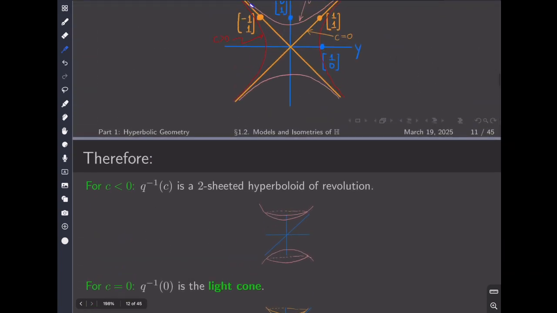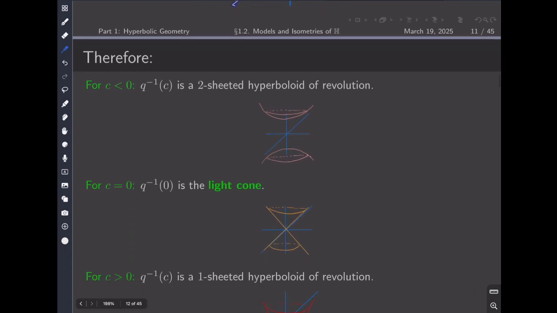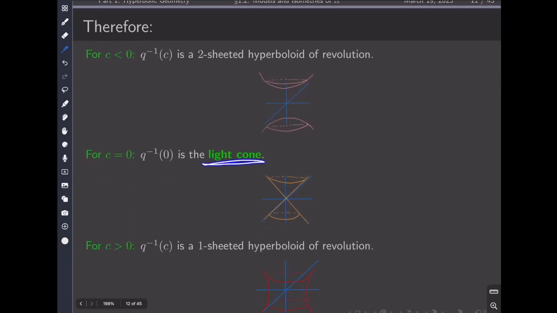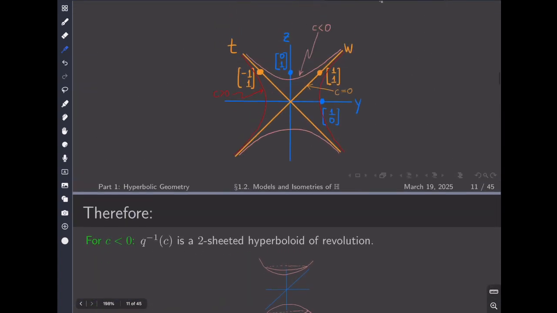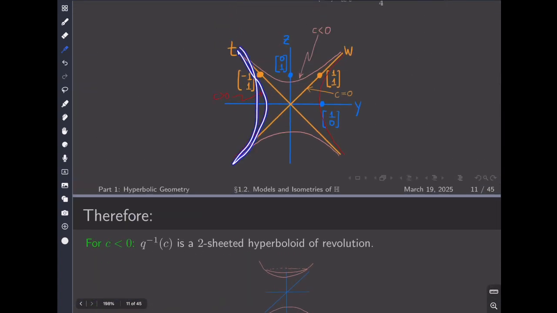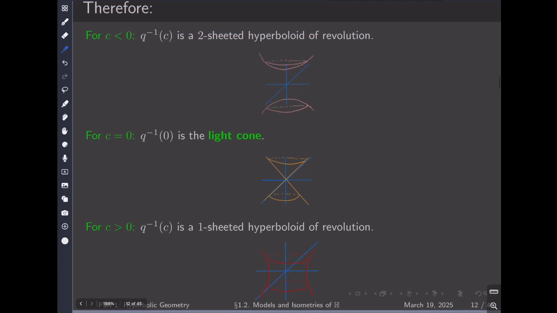You just have to rotate the two lines, and you obtain the so-called light cone. And for this other one, when you rotate this side of the hyperbola, it maps precisely onto this side. So what you obtain is a one-sheeted hyperboloid.